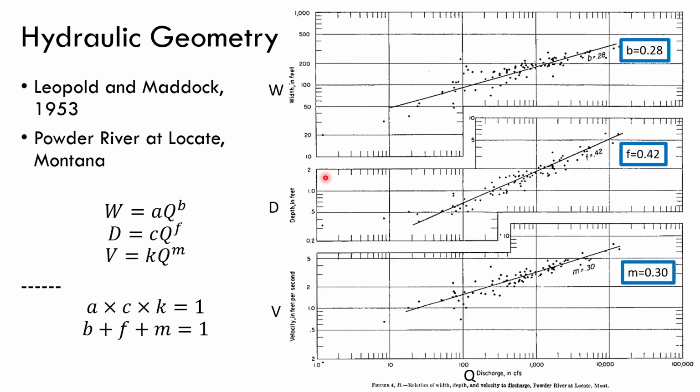Okay, so the next thing I want to talk about in terms of channel form and changes in channel form is an idea called hydraulic geometry. And so the idea behind hydraulic geometry is that we want to look at how the river might change if we change something like discharge, since discharge is one of our primary independent variables.